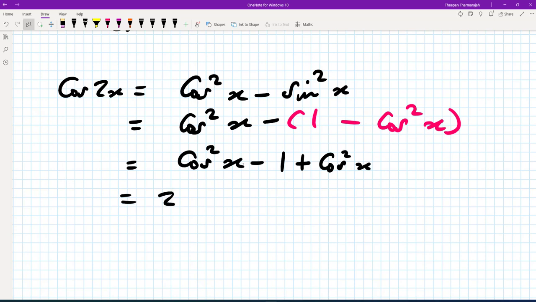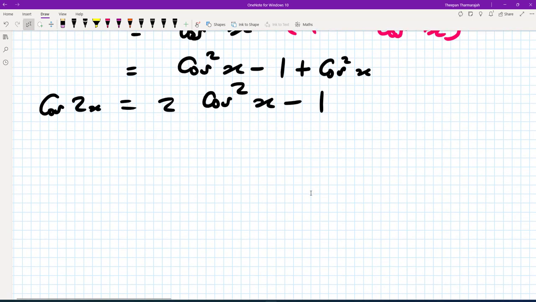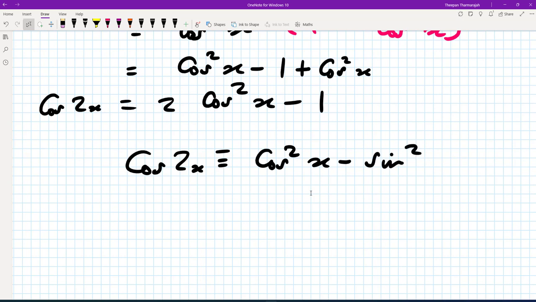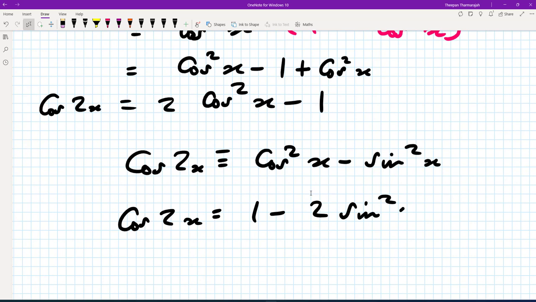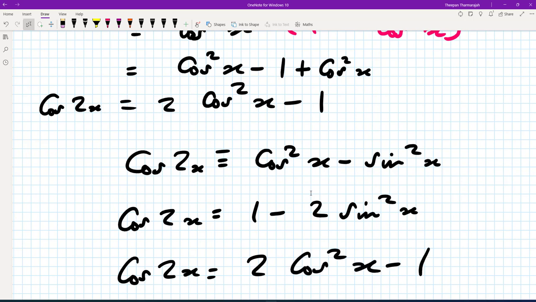So we get 2 lots of cos squared x minus 1, which is cosine 2x. So what we have essentially is, for cosine of 2x, we have 3 double angle formulas. The first is cos 2x is cos squared x minus sine squared x. The second one is cos 2x is 1 minus 2 sine squared x. And the third one is what we just wrote above, 2 cos squared x minus 1.